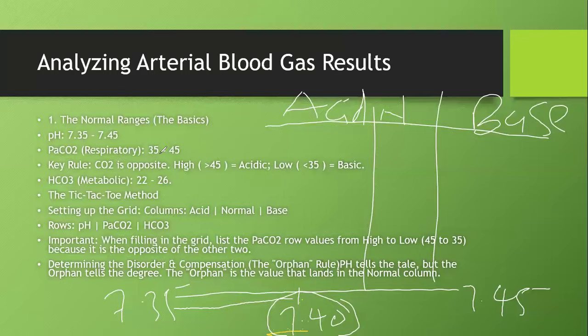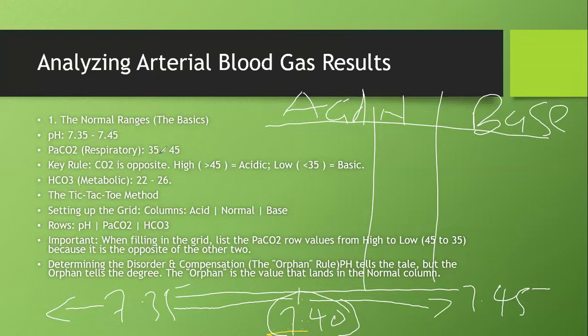We know that when the pH is going this way, it is what? Acid. So between 7.35 to 7.40, pH is normal, but it is still towards the acidic way. And similarly, when you have pH between 7.40 to 7.45, it is normal, but it is leaning towards what?